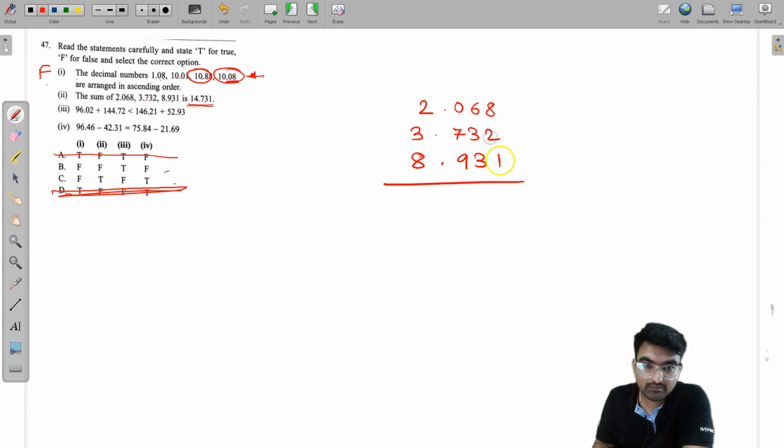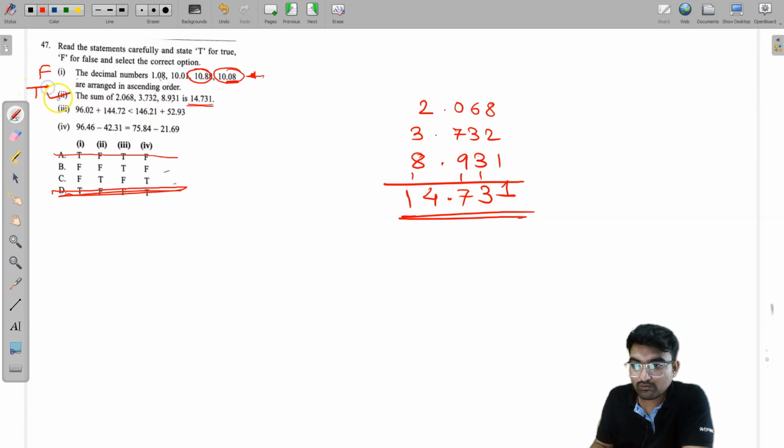What is their sum? 8 plus 1 is 9, 6 plus 3, 9... carry 1, 17, 7 carry 1, 5, 6 and 8, 14. So 14.731. Oh, this statement is correct.